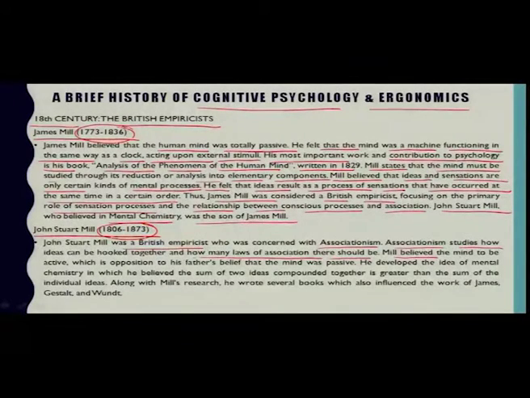Mill believed the mind to be active, in opposition to his father's belief that the mind was passive. He developed the idea of mental chemistry, in which he believed the sum of two ideas compounded together is greater than the sum of the individual ideas. Along with his research, he wrote several books which also influenced the work of James, Gestalt and Wundt, who were the protagonists of cognitive psychology.